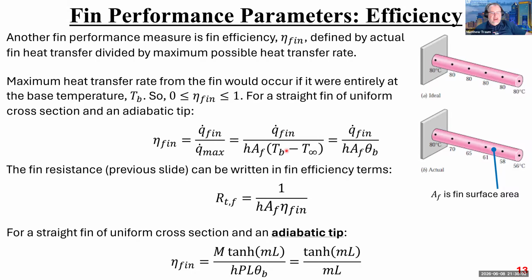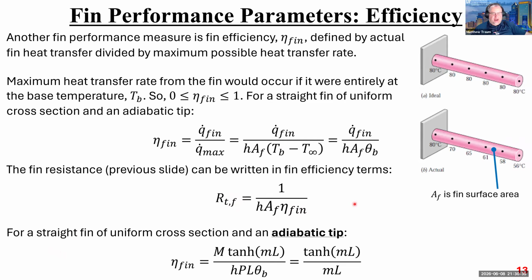And we can use this definition of fin efficiency, which is pretty simple, combine those ideas together, and you end up with the fact that the thermal resistance of the fin is just equal to 1 over h times the area of the fin times the efficiency of the fin, right? So if you need this R value, you can just get it from the h, the area of the fin, and then the efficiency of the fin, which can be calculated as shown up here. Okay.